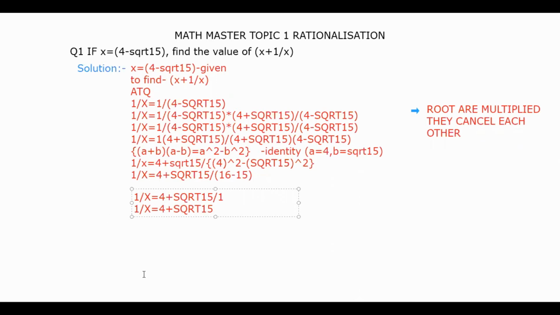Now we have got the value of x as well as 1 upon x. So x equals, as it is given, write it in the next line, x equals 4 minus square root 15. Now what is the main question asked? It is asked x plus 1 divided by x.